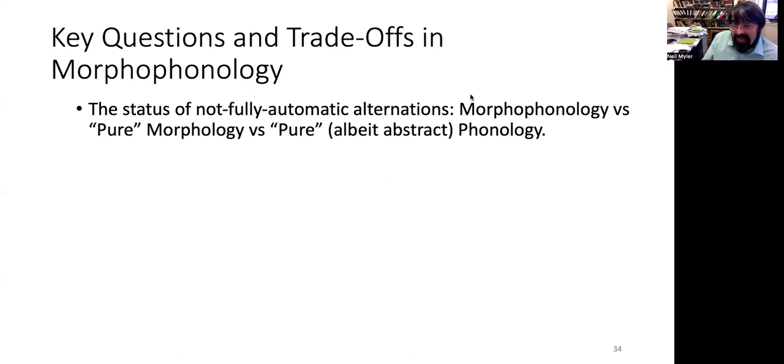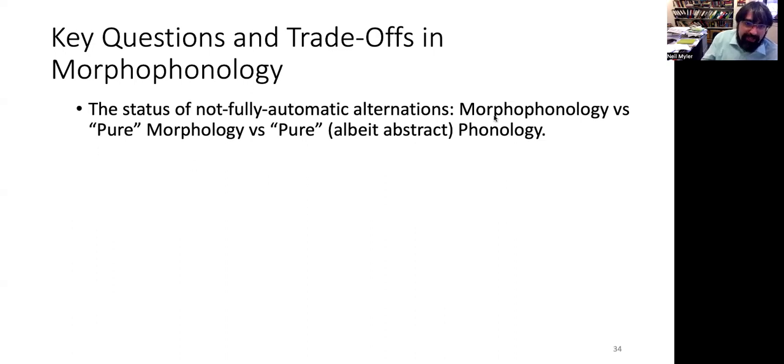I think the reason not to have it is conceptual only. The pure morphology view, I think, hasn't got a leg to stand on, because it's abundantly clear that the patterns that semi-irregulars and not fully automatic alternations generally exhibit have a life of their own. They're causally efficacious in the behavior of speakers, and that's missed entirely if you treat these things as suppletion.